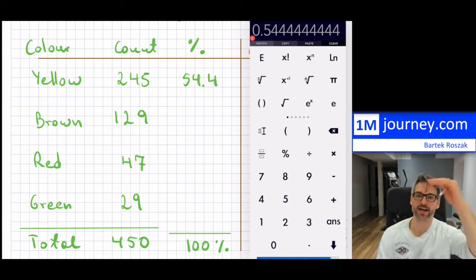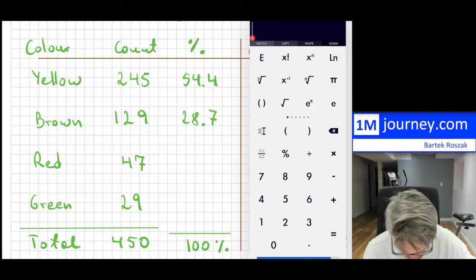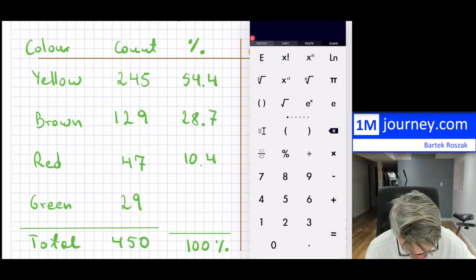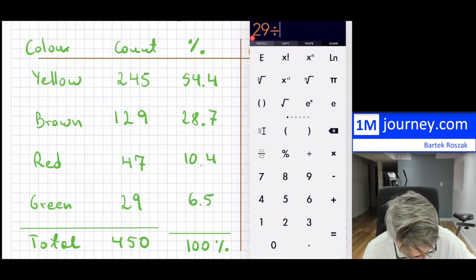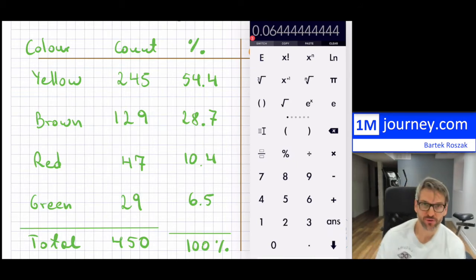I'm going to do that and fill out the rest in fast forward mode. All right, so now I have filled it up.